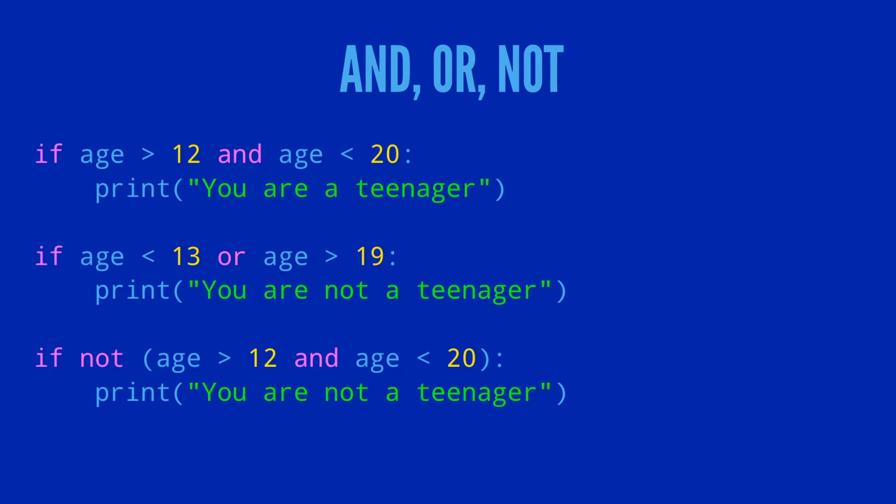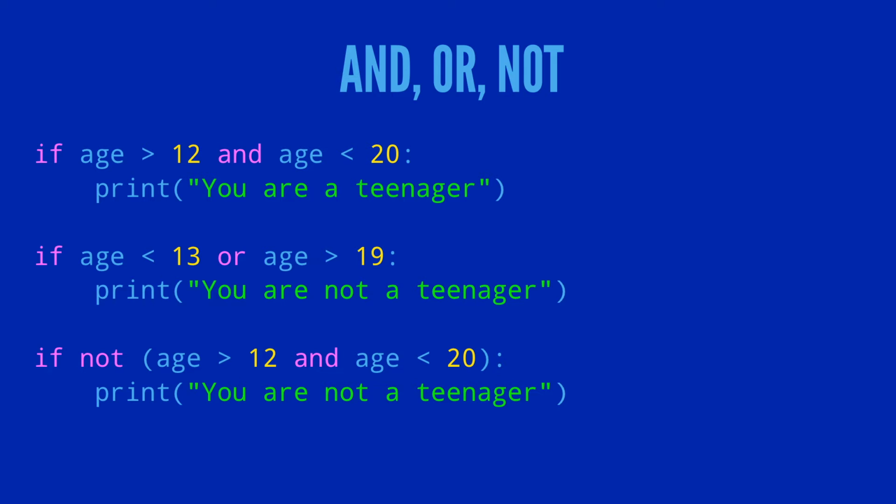The or statement in the second example is, I guess, not quite the opposite, but it basically means that either of your expressions can be true. So one can be true or the other can be true. So in this example, the age is less than 13 or age is greater than 19. So you can see there that obviously if the age was, say, 10, it would only make one of those expressions true.